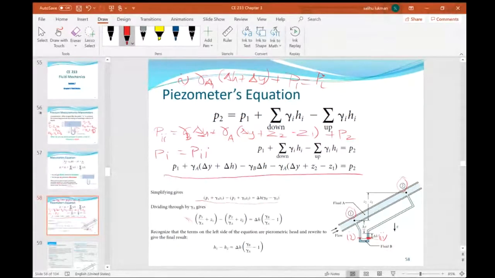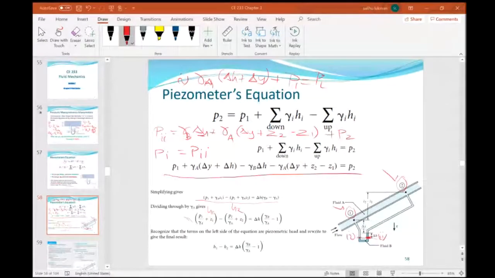So P1 over gamma A plus Z1 is equal to H1, which is piezometric head, and this is equal to H2. So we now have H1 minus H2. This gives the difference in the piezometric head between point 1 here and point 2 there. We will solve an example to demonstrate the application of this simple equation.